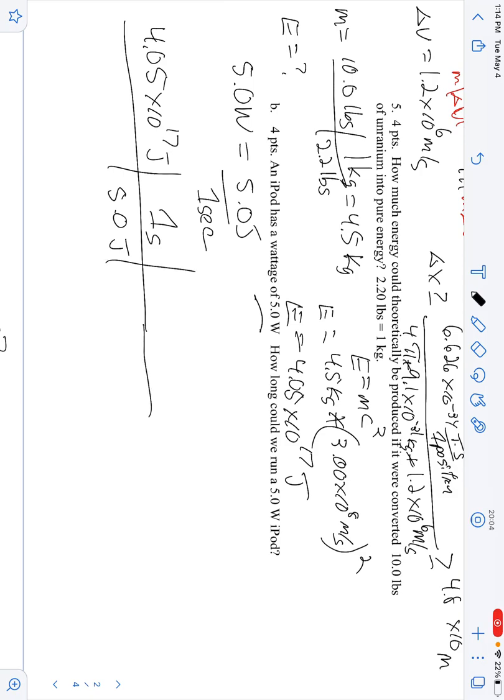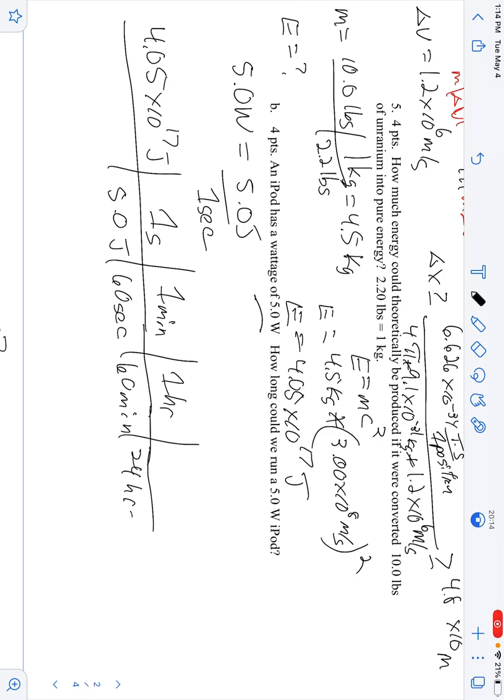Now, I can convert 60 seconds into 1 minute, and 60 minutes into 1 hour, and 24 hours into 1 day, or 365 days into 1 year.